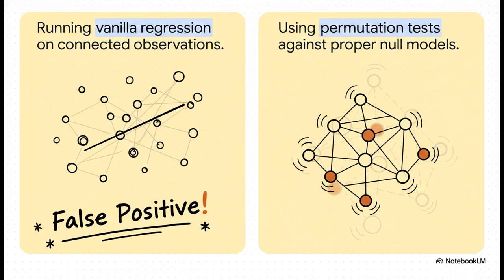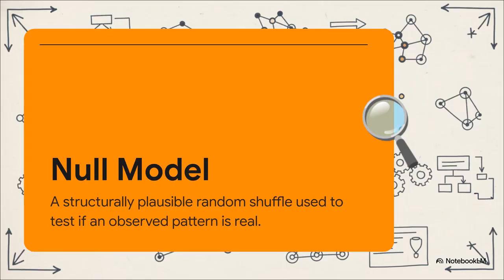We absolutely have to use a network-aware permutation test instead. We do this by comparing our observed data against a null model, which is essentially a structurally plausible random shuffle of the network. Doing this lets us confidently infer if a pattern is a real systemic bias or just plain old noise. We're testing our claims against a baseline that respects the actual shape of the network.